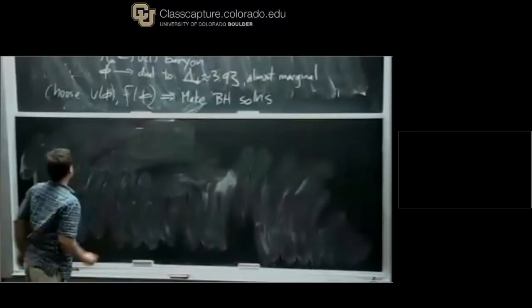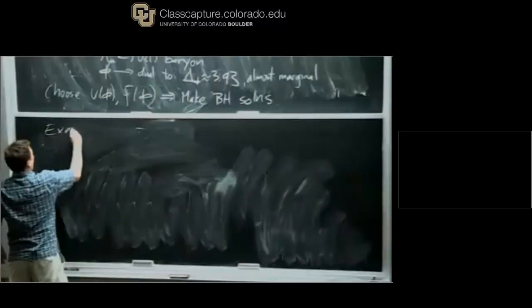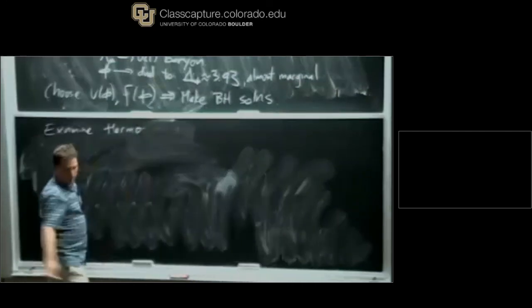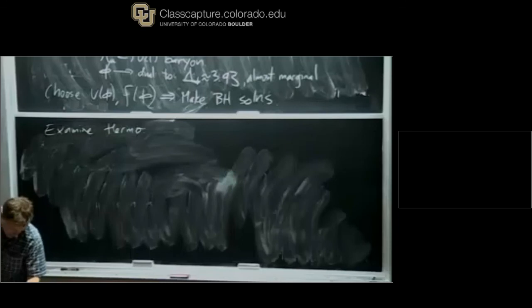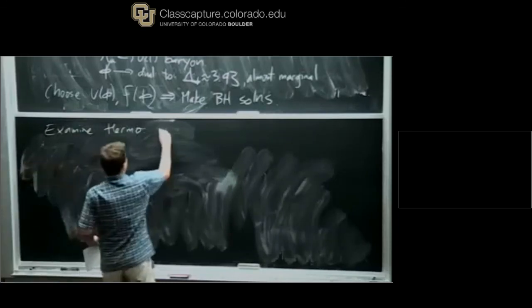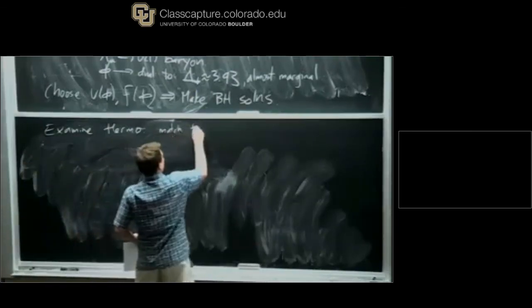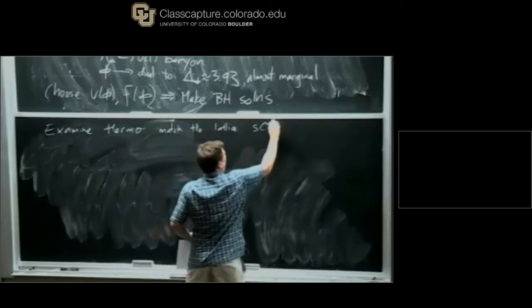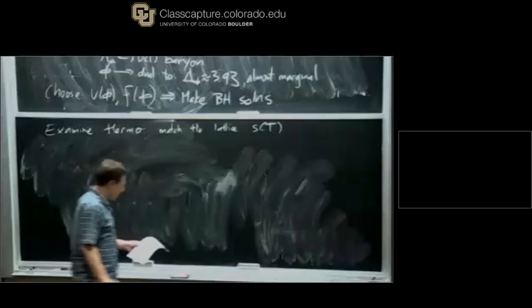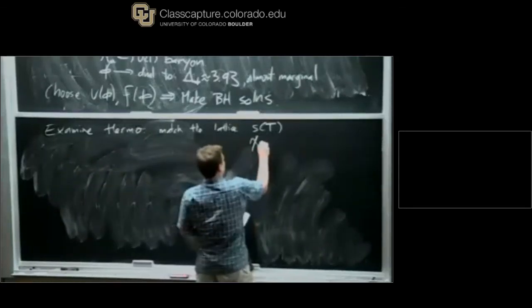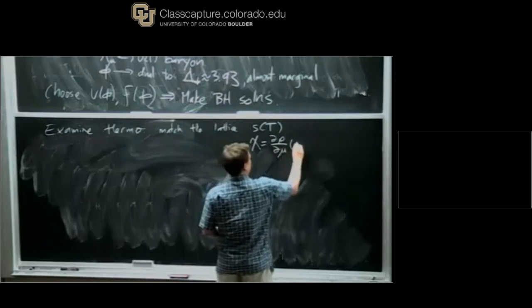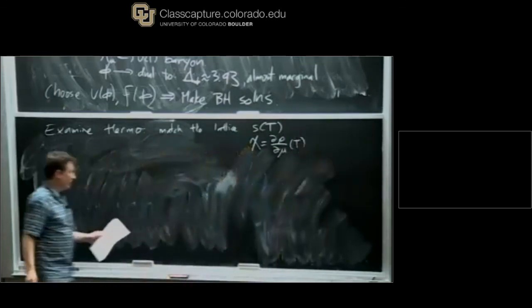And I can examine the thermodynamics of the different black holes that I make, and I will match what I get to lattice data for S as a function of T, and also the quark susceptibility, which is just the variation of the density with respect to the chemical potential as a function of T.